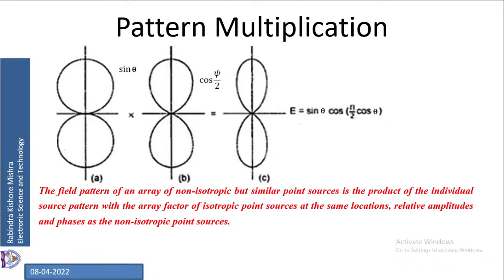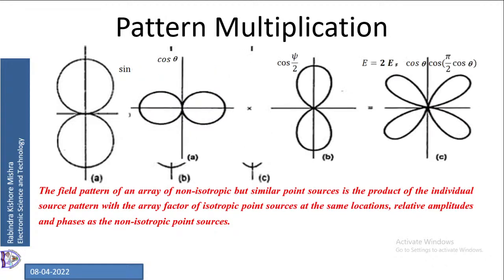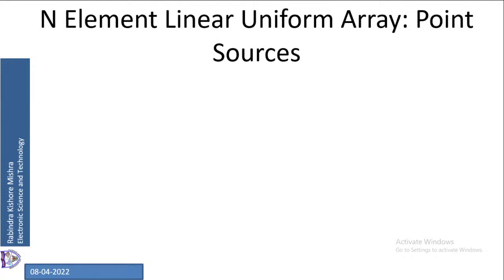Multiply them, they give you E sin theta into cos psi by 2. Another example is this, of course, sin theta, and the second one is cos theta. If I take cos theta into cos psi by 2, that is going to give us the other part, the flower-like shape.